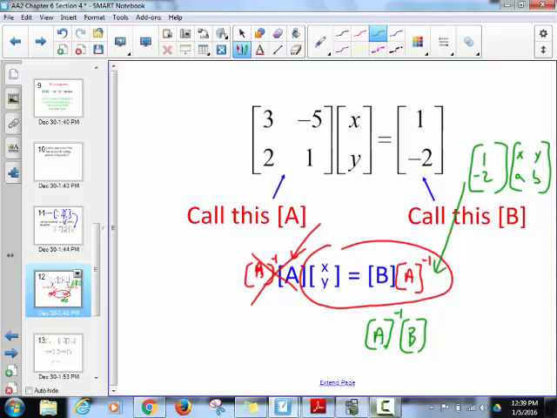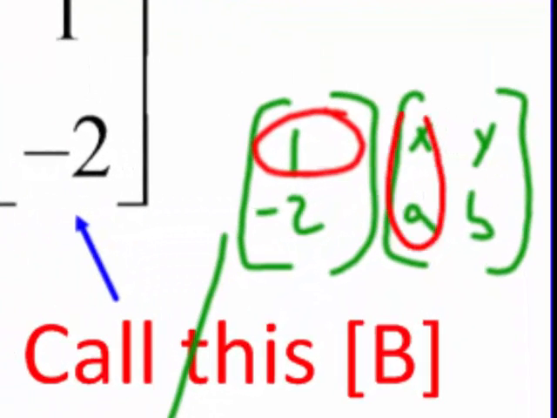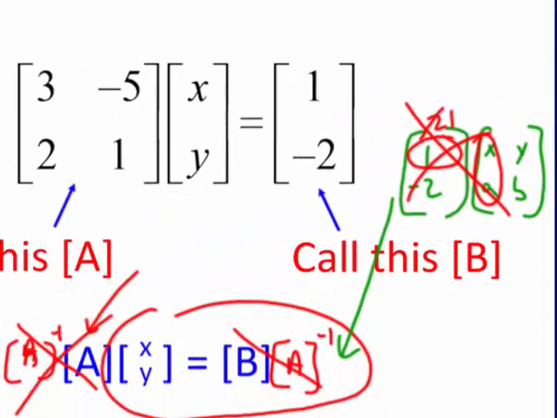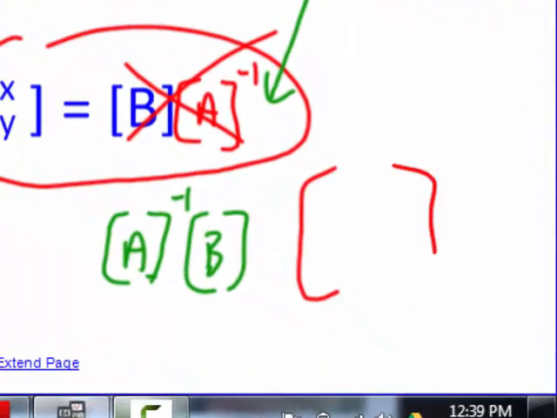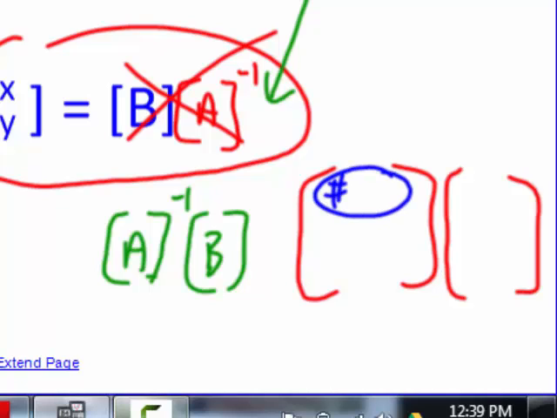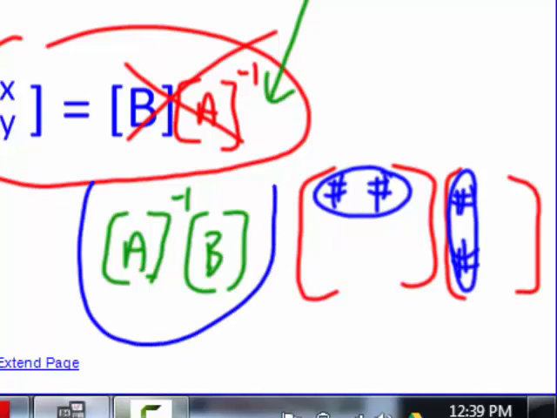Well, I would need the same amount of numbers in this row to match up with this column. And since there's not two numbers here, there's only one, I cannot do this. So this would not work. So I have to do it this way, because I have to take a 2 by 2 times a 2 by 1. What needs to happen is two numbers need to multiply by these two numbers and be added together. So that's why I have to do it this way.